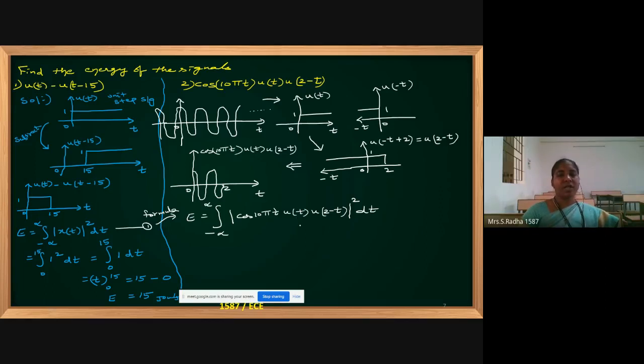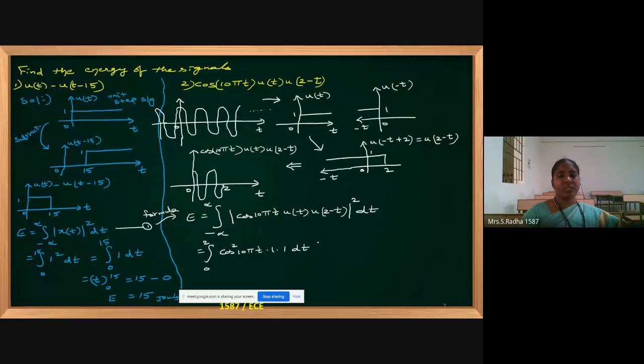Now the u of t value is 1 and the u of 2 minus t value is also 1. So finally we are left with cos square 10 pi t into 1 into 1. Integration limits are 0 to 2, because in the final diagram we can see the signal exists only between 0 and 2.